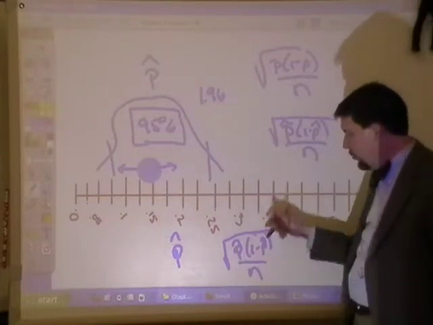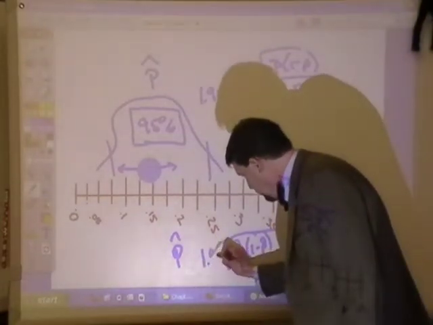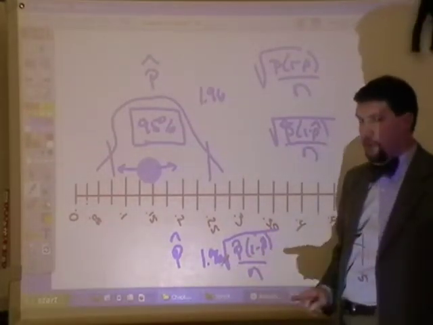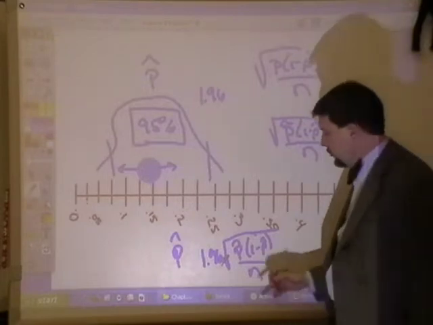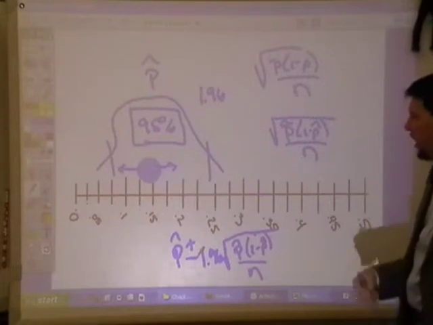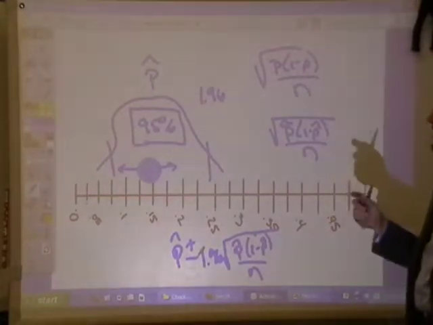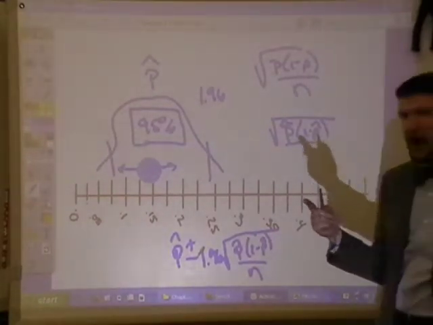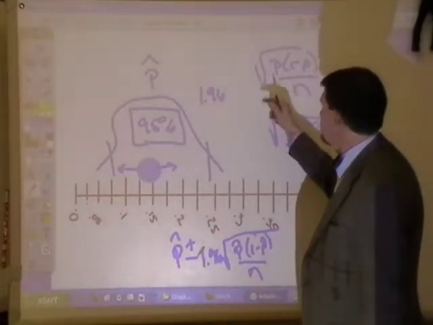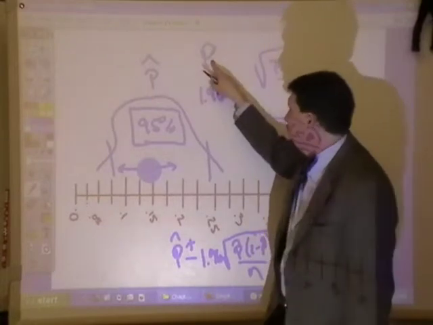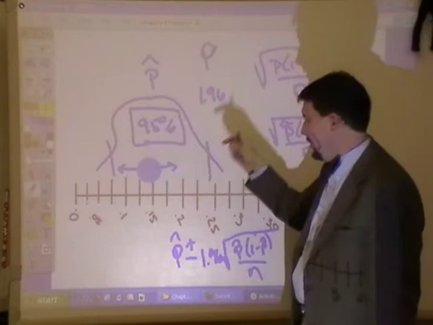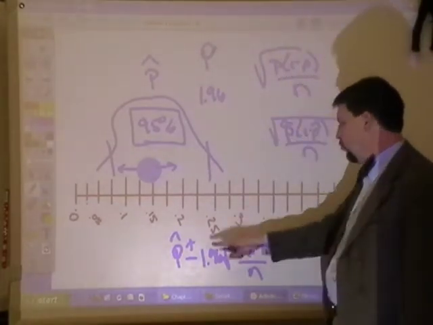I want to go 1.96 of these, in both directions. So I'm going to add it, and I'm going to subtract it. And what we've created is this interval that we're pretty confident the actual population value, which would be P, is going to fall in. And that is what we're creating here.